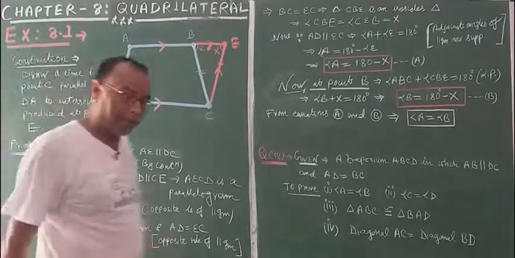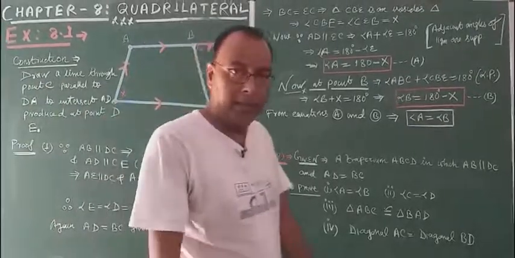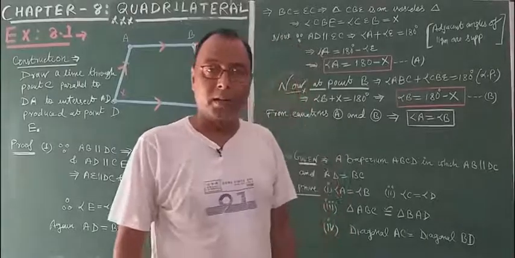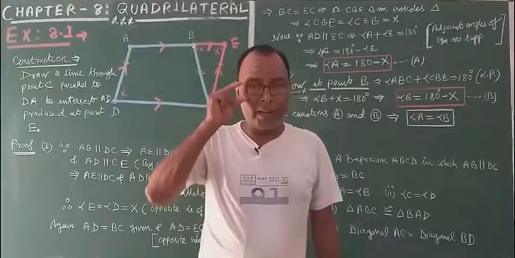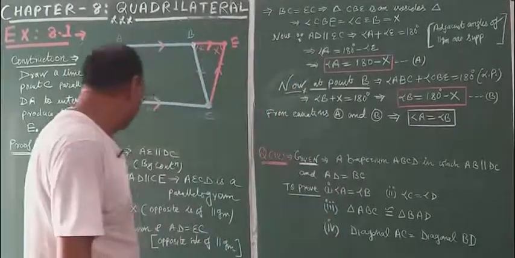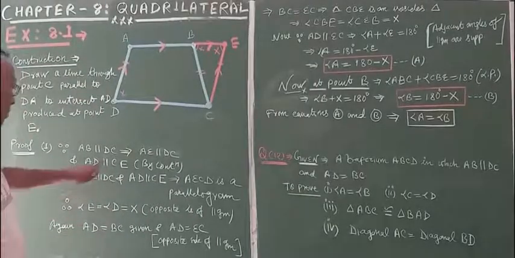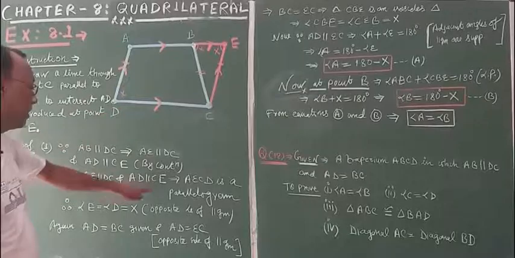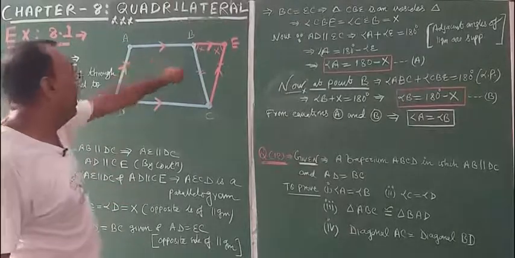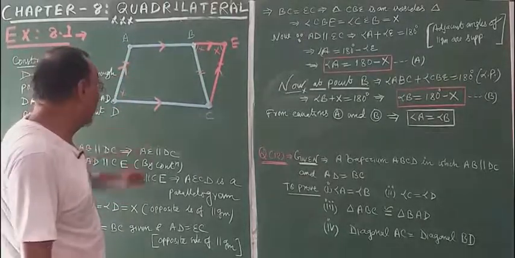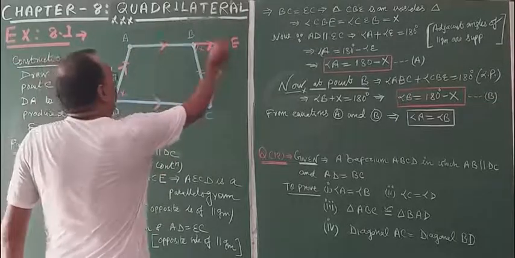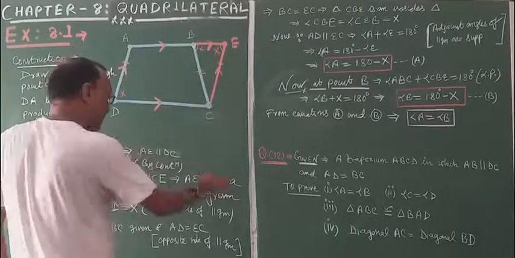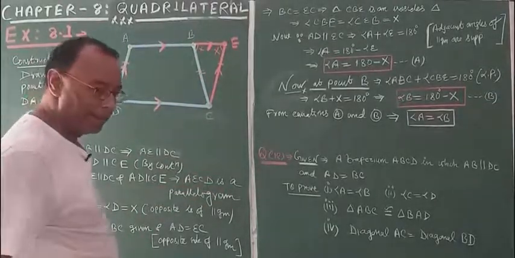Both pairs of opposite sides of the quadrilateral are parallel. It means AECD is a parallelogram.